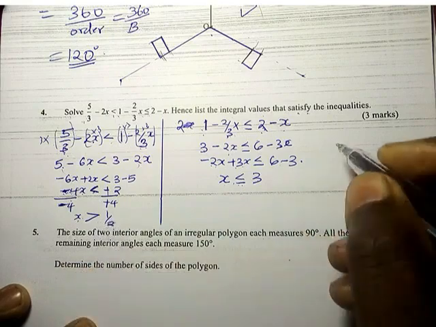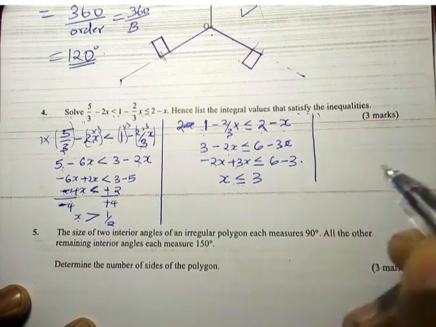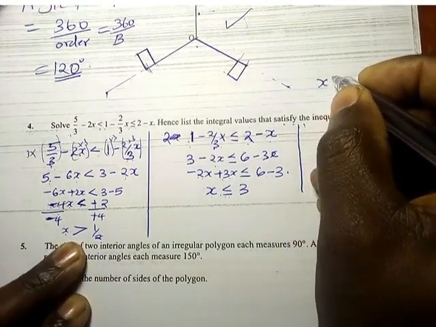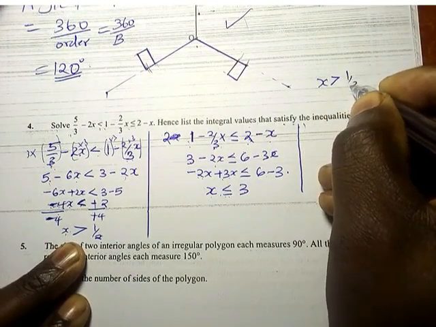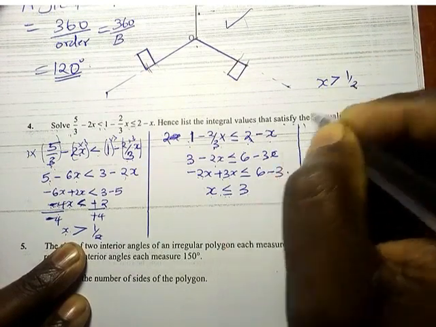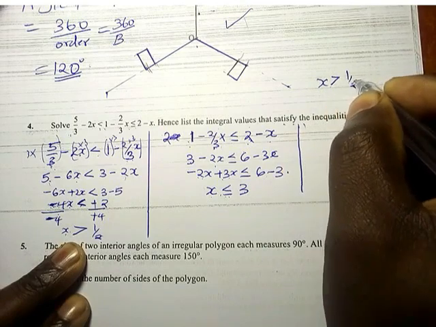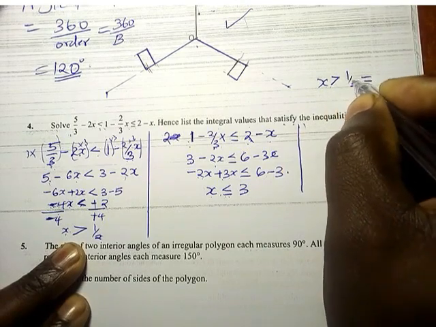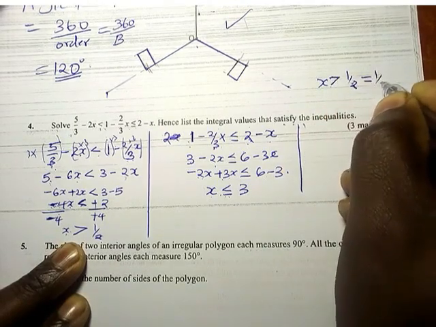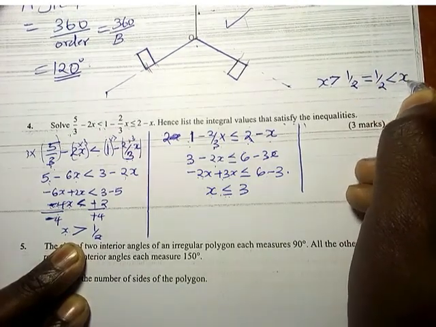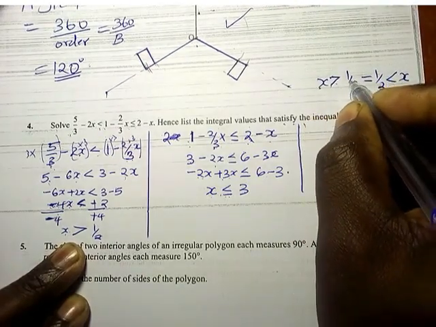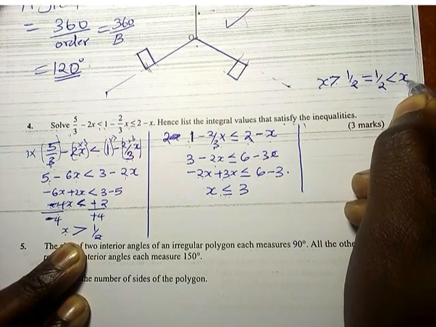than. Now I want you to know that x is greater than a half. Hii ndio ndogo, so tunaanza na hii. Is greater is the same as, tukianza na a half, hii sign inabadilika, so itakuwa a half is less than x. X is greater than a half is the same as a half is less than x.